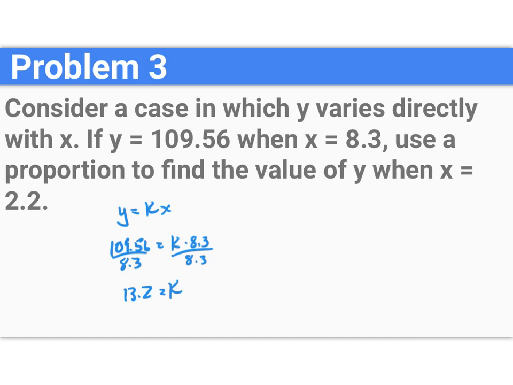Now, find the value of y when x equals 2.2. So let's do that. Y equals 13.2. As always, I'm still substituting with parentheses. Times 2.2 gives us 29.04. So there you go.